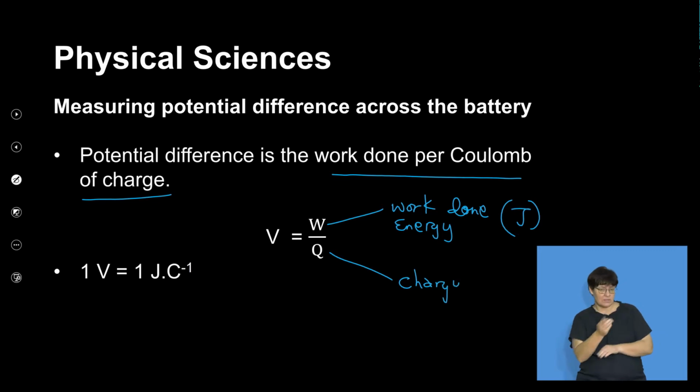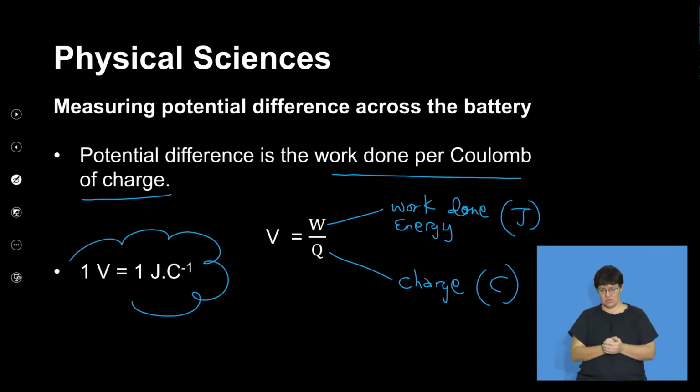So by definition, again, charge is in coulombs, right? So by definition, we're saying potential difference is the work done per coulomb of charge. In other words, when we've got 1 volt of potential difference, it means that there is a joule of work done for every coulomb of charge, which gives us this mathematical equation to say a volt is equal to a joule per coulomb, right?